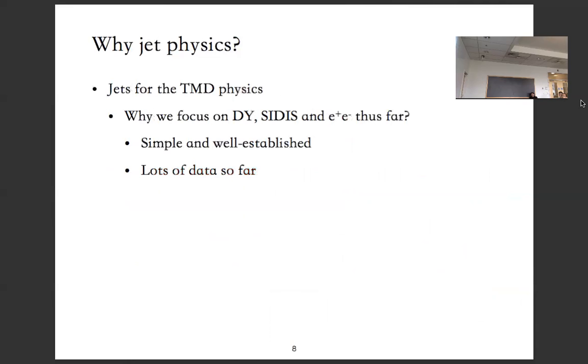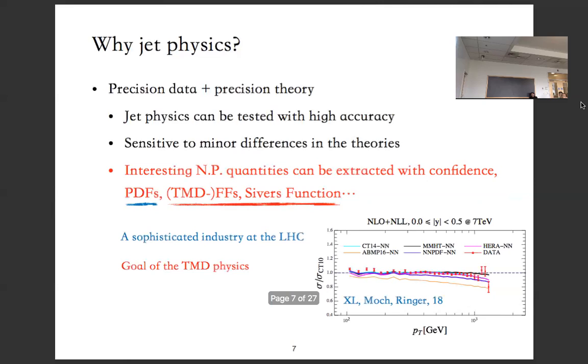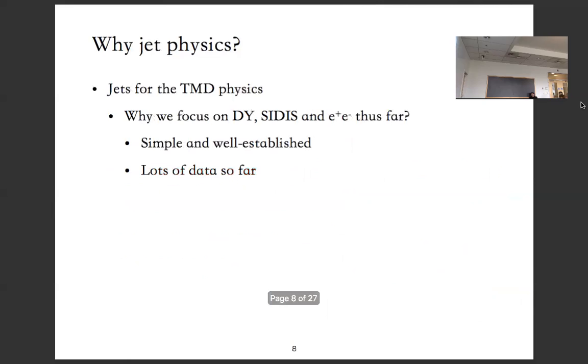So for the TMD physics, our goal is to test those non-perturbative functions, but nowadays, as you can see from the talk yesterday and the talk this morning, mostly we are focusing on Drell-Yan, semi-inclusive DIS, and e+e- so far. The reason we focus on those processes is because they're simple, the factorization theorem is well established, and of course we have lots of data for that.